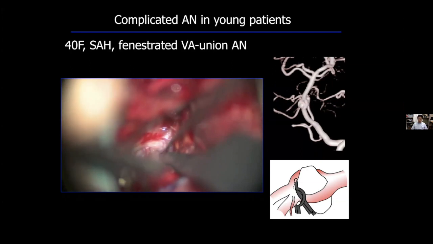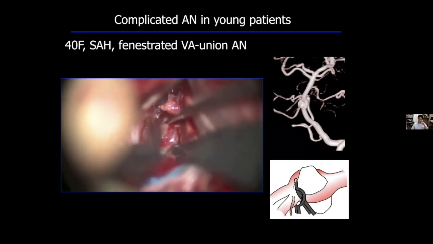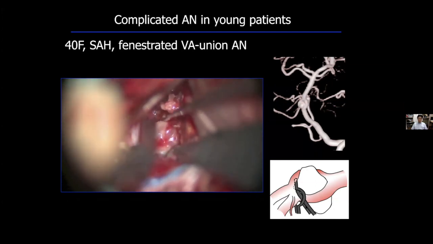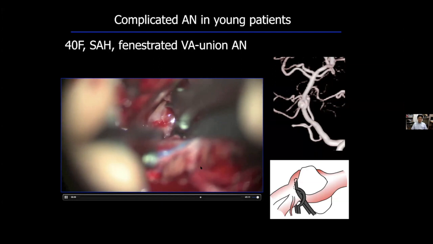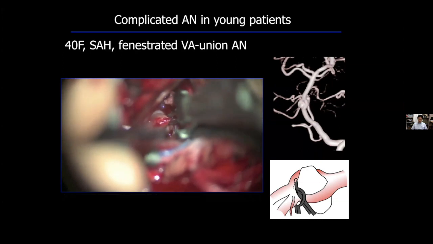My plan is to put the first clip to close the left half of the neck together with the left loop structure here. Now I'm applying the first clip to create the closure line half here.